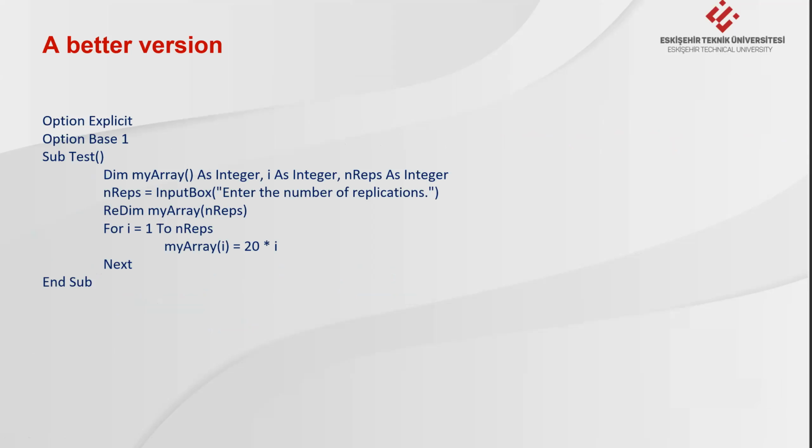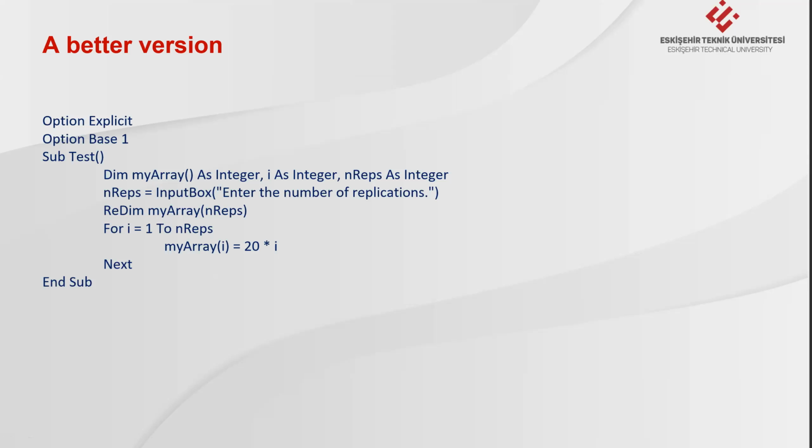Okay. A better version could be, we could avoid the runtime error by indicating, again, we're gonna see them in the arrays chapter, but you can create your array with parentheses in here. We say Dim myArray() As Integer. Your program in this case knows your array is an array because of the parentheses, but there is no size indicated in here.